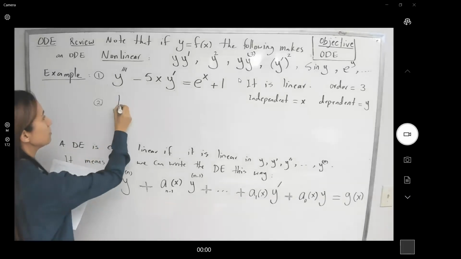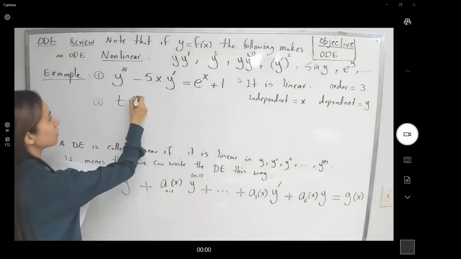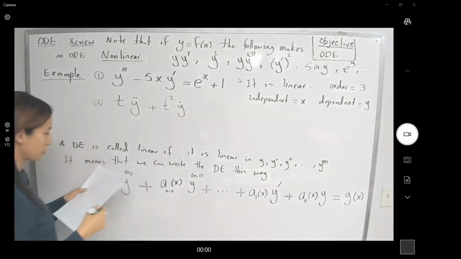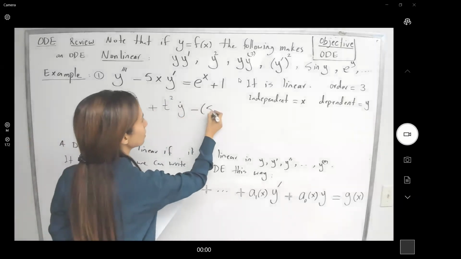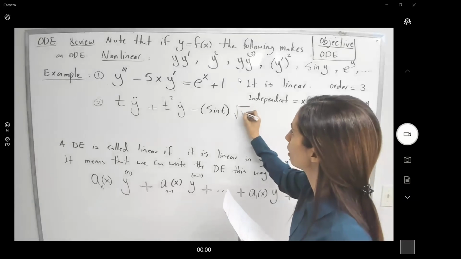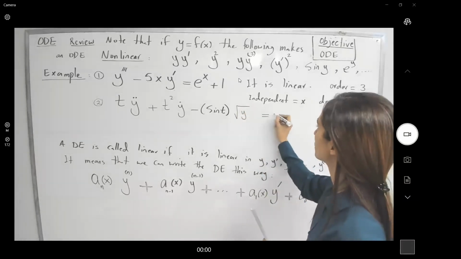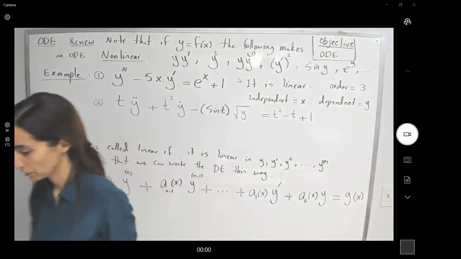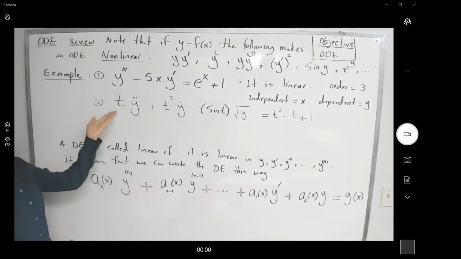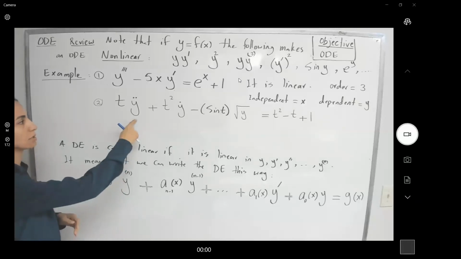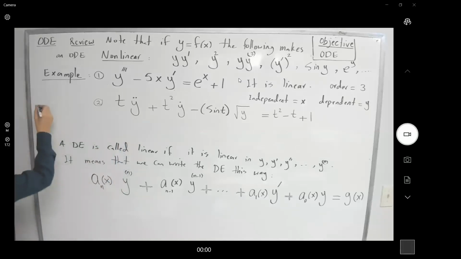We have t times the second derivative of y plus t squared times the first derivative of y, minus sine of t times square root of y equals t squared minus t plus 1. The t that you're seeing here can be replaced by x. It doesn't matter. Here it says that y is a function of t. y is f of t.